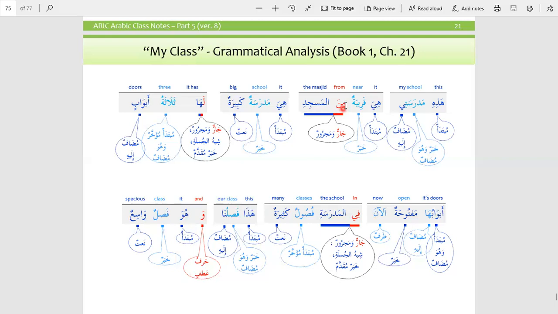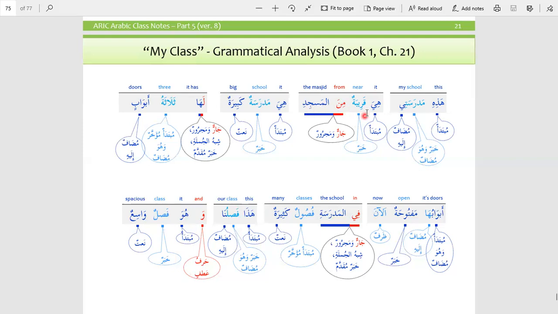This is a harf jar, a particle of jar. Harf jarun wa majrurun. And look at this al-masjid. It changes from marfu'un, which is al-masjid, to al-masjidi. Why? Because we have got min, which is a harf jar. So we call this jarun wa majrurun.